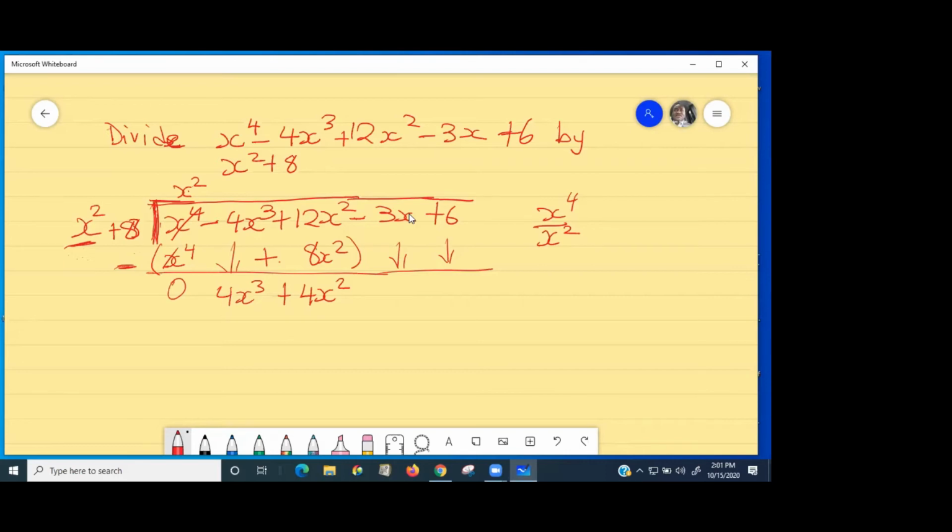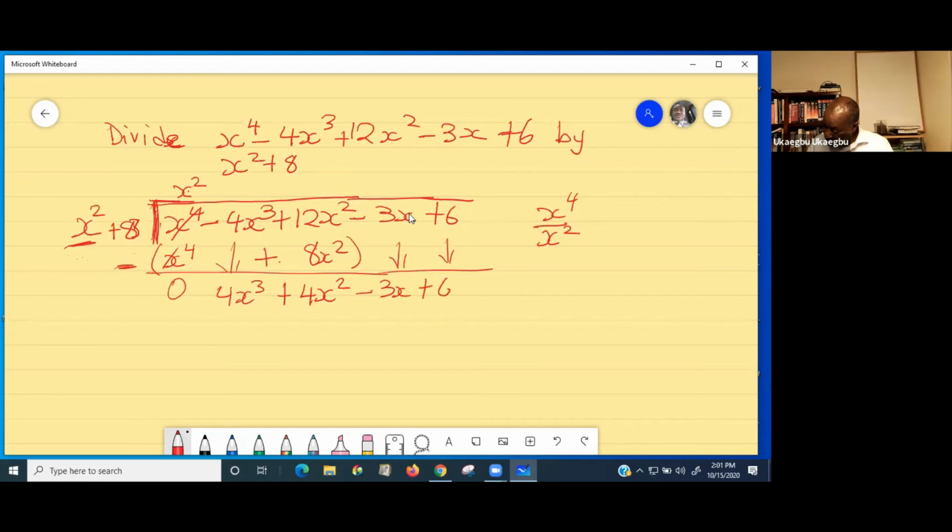So, you bring down negative 3x plus 6. Then you attack the rim again. You are going to divide 4x raised to power 3 by x raised to power 2. This is going to give us 4x.